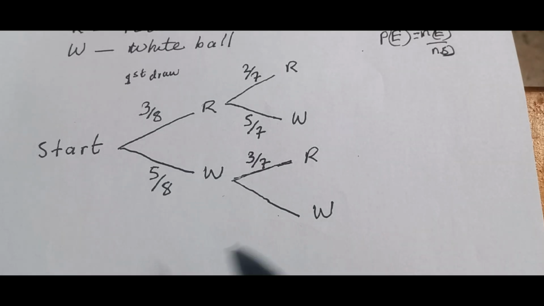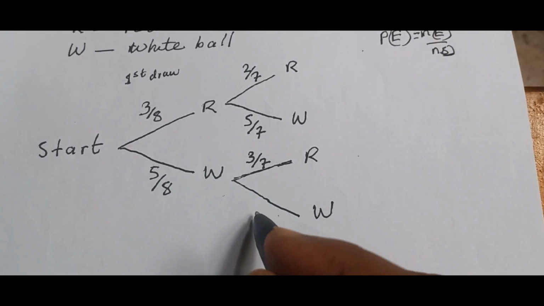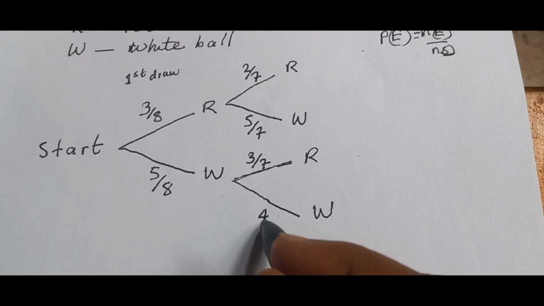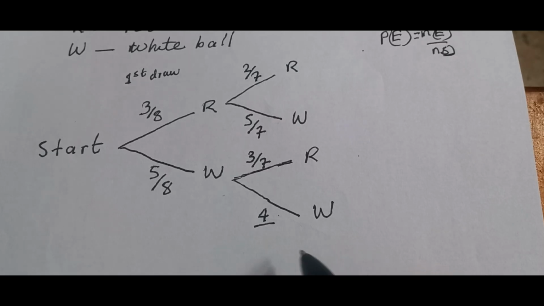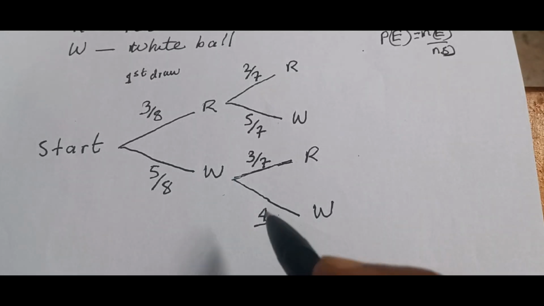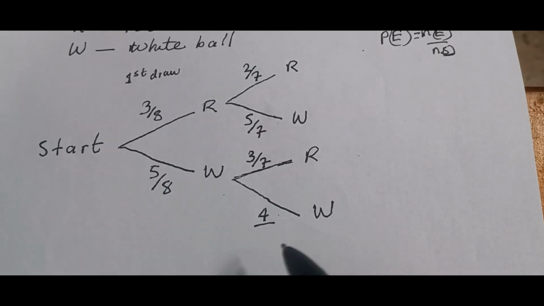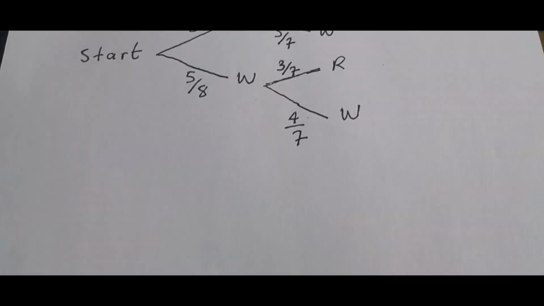We have 5 white balls, so 5 minus 1 remains 4, over the sample space, which is the total number of balls left in the box after we have taken the white ball, which is 8 minus 1, we get 7. This is our tree diagram. Let us proceed.